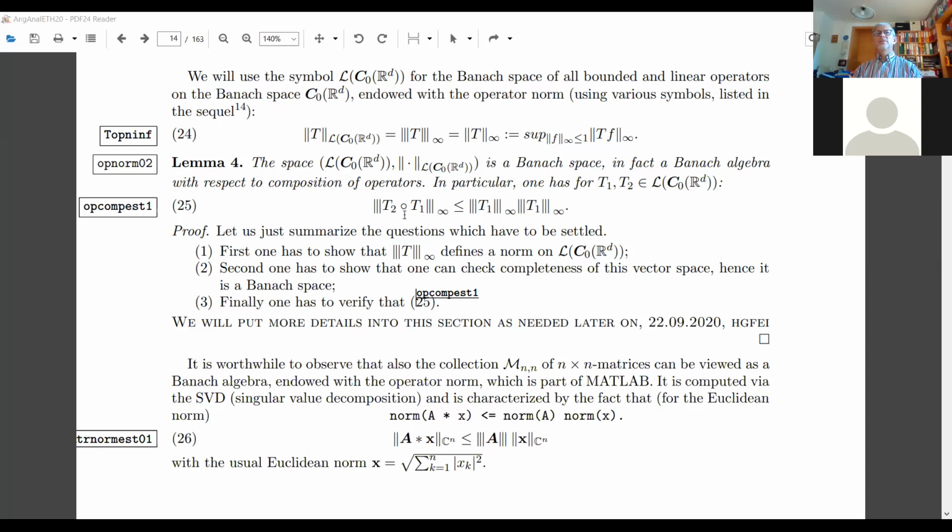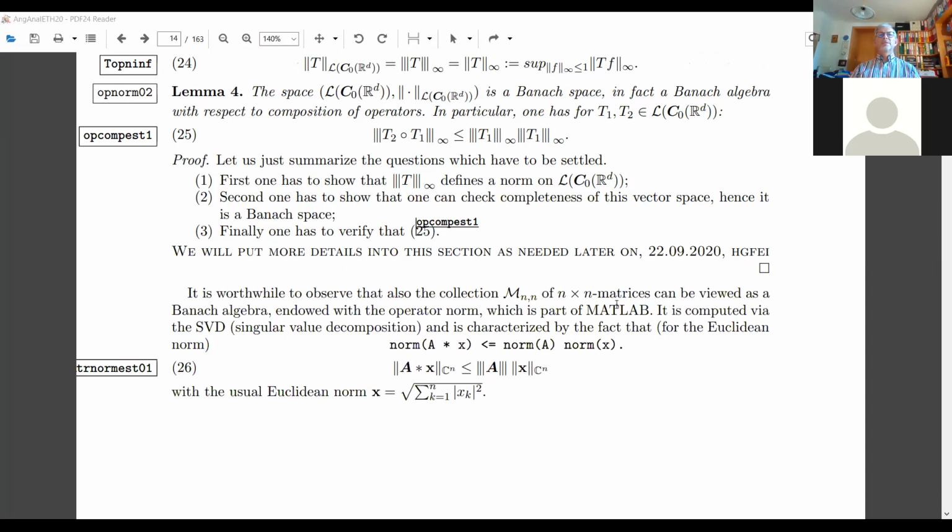What is clear is that the composition law is compatible with the size measurement. Of course, again, there's a typo. It should be T2 here. So if you combine 2 operators, the resulting operator norm is at most this. This is actually the same situation that we have with the norm of matrices.